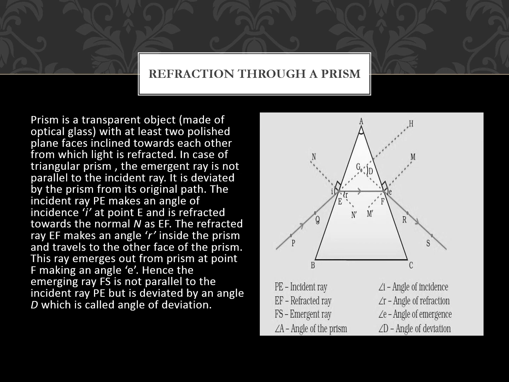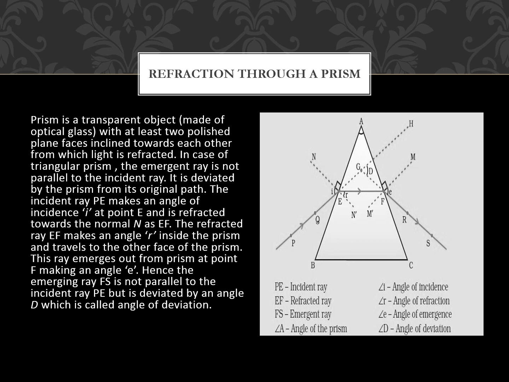When it strikes at a point F, it will emerge out from the prism as a ray FS. This is known as your emergent ray, and it is clear that FS is not parallel to the incident ray PE, but it is deviated by an angle D, which is called the angle of deviation.